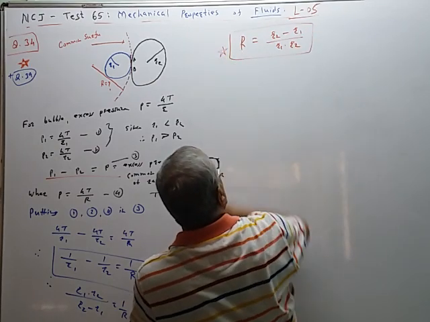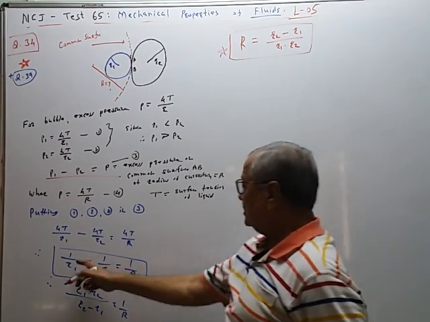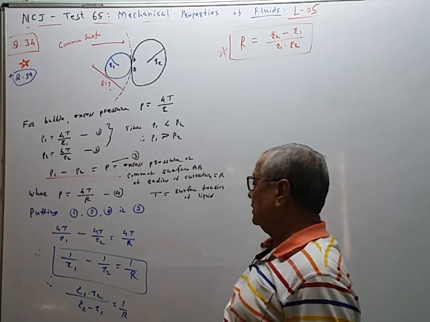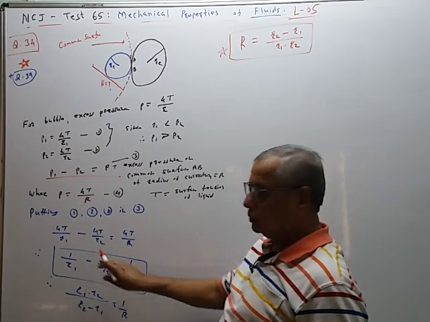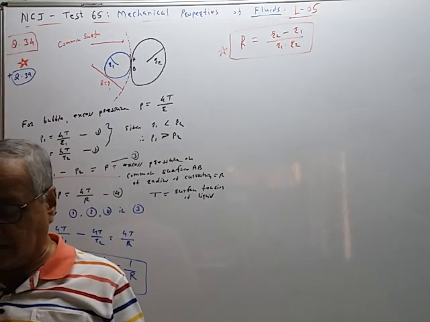You can use this formula directly. So now, if you see this equation, there is a minus sign. So R is greater than R1, which is greater than R2.